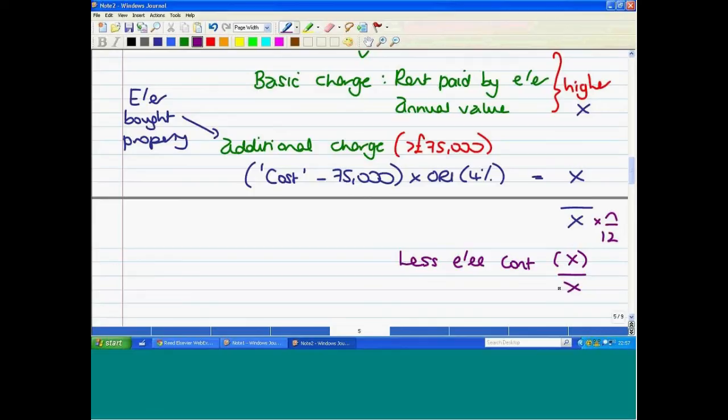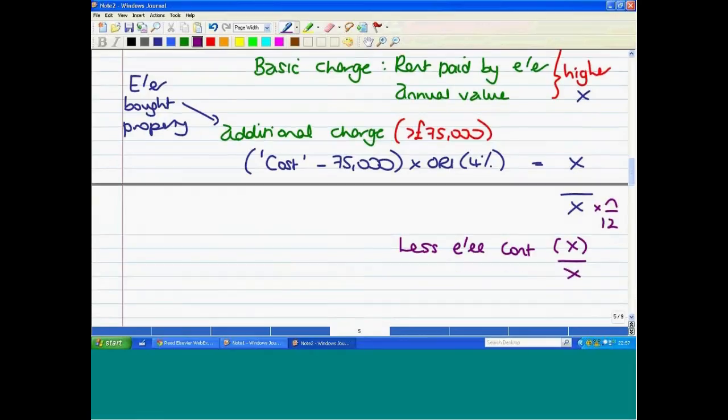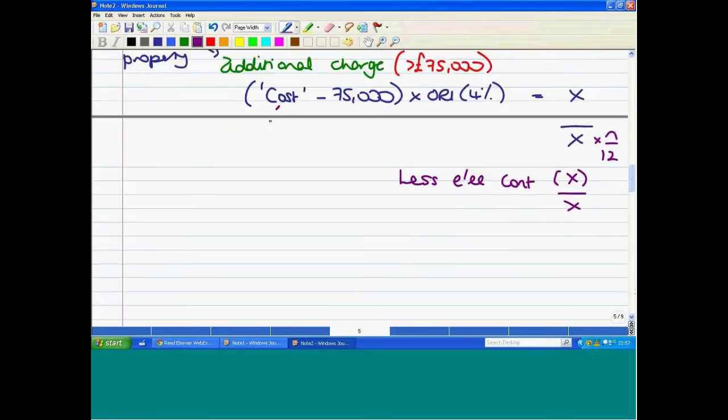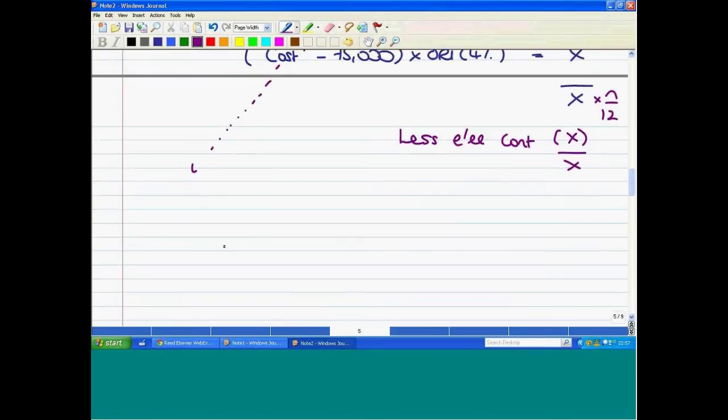Now, what I have done there is I have put cost with little marks above it, because that's not necessarily going to be the cost. Now, if we see a large value there, that is going to warn us that we need to consider a calculation as long as the employer's bought the property. But what we need to make sure we do is consider what we call the 6-year rule.